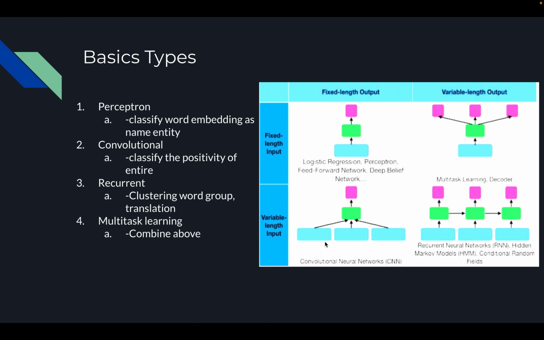A variable length of input with only a certain amount of output will be convolutional. And recurrent will be variable length of input and variable length of output.